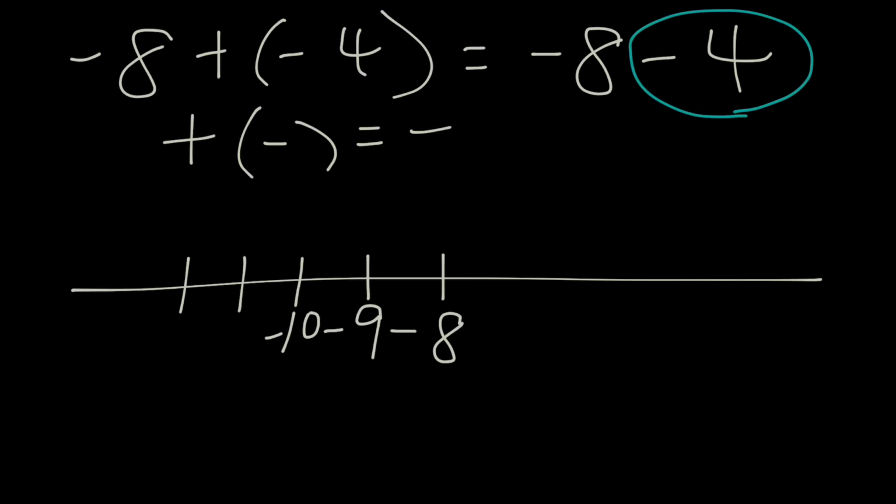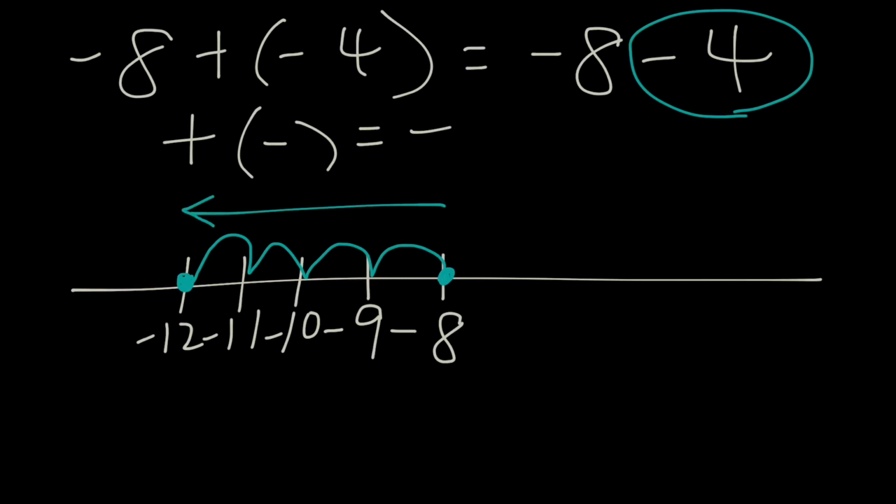Negative 9, negative 10, negative 11, and negative 12. So the starting point was negative 8, and then we went 4 spaces to the left, and we ended up at negative 12. So negative 12 is the answer.